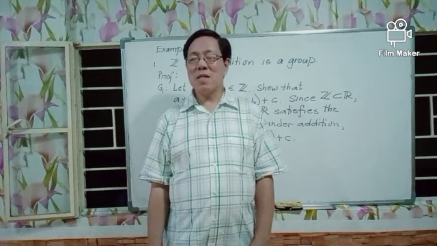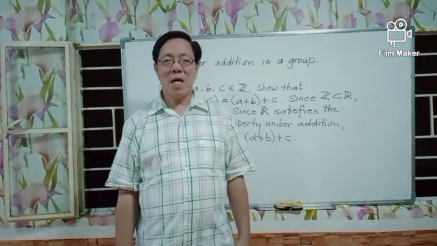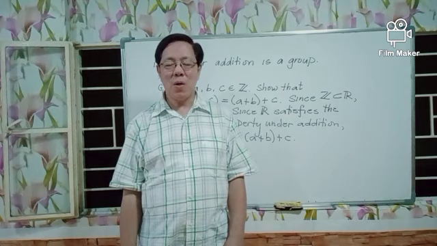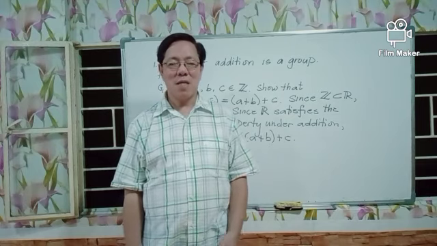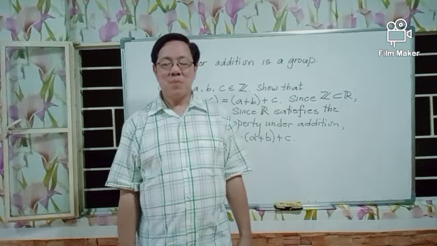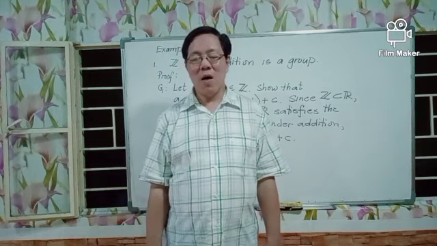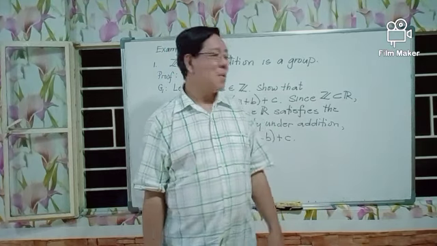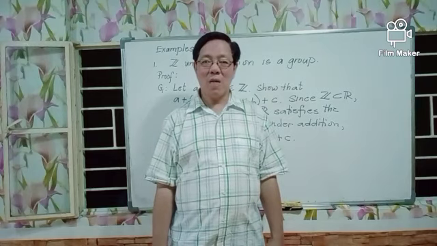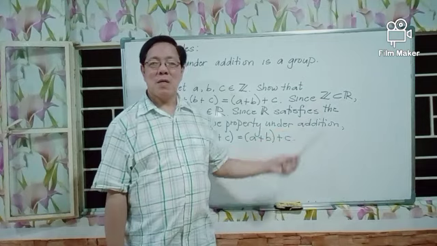And in the set of real numbers, under the binary operation addition, this identity element for addition or additive identity is the zero real number. This zero is an element of the set of real numbers R. But zero is also an element of the set of integers.